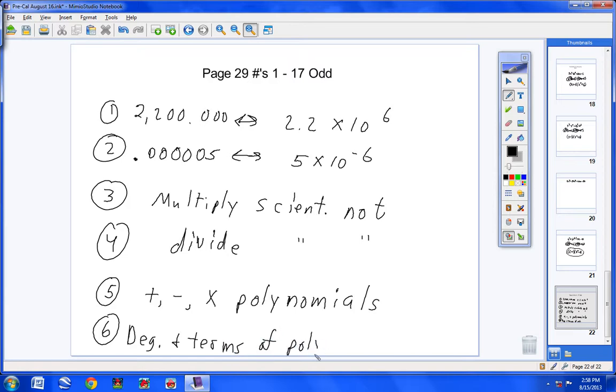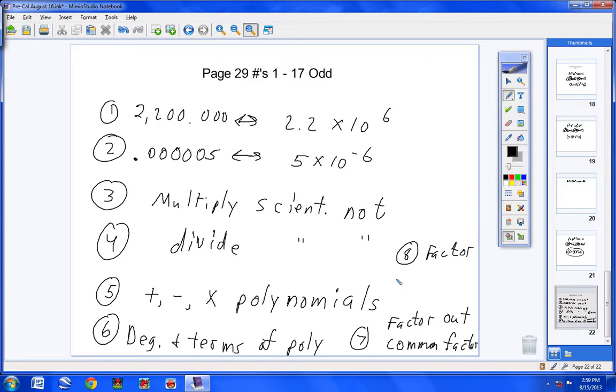Be able to do that, please. And then also, what else did we do today? Remember, we factored out the common factor. Remember that? And then I know I'm kind of going out of order here, but now number 8, factor by grouping.